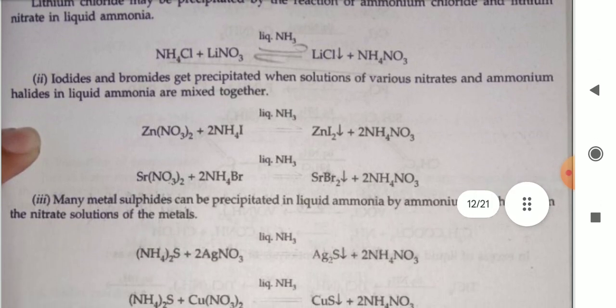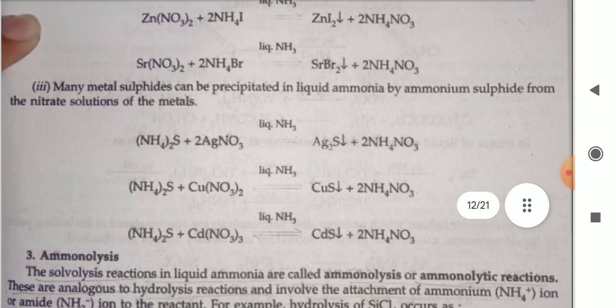Many metal sulfides can be precipitated in liquid ammonia by ammonium sulfide from nitrate solution of the metal. (NH4)2S plus 2 AgNO3 will give Ag2S plus 2 molecules of NH4NO3. (NH4)2S plus Cu(NO3)2 will give CuS plus 2 molecules of NH4NO3.